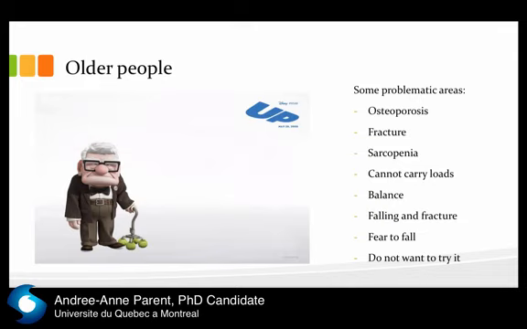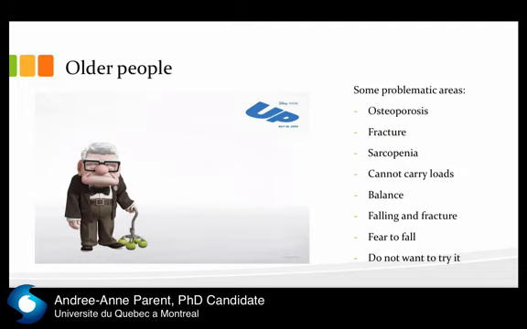Senior people, like we see with the other exoskeleton, they have osteoporosis too, so the big risk of fracture, and they really fear about this. They have also sarcopenia. Sarcopenia is muscular atrophy, but with aging, it's the difference. So they cannot carry load, and they sometimes have real difficulty with balance. The balance is the most important with senior people. It can be neurologic, but it can be sarcopenia, or it can be also just dysfunction.